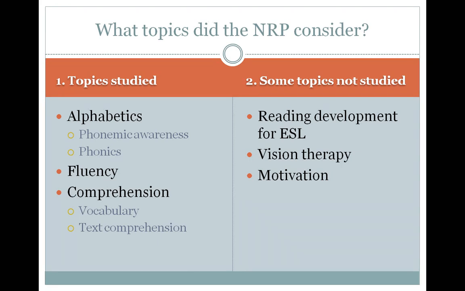Fluency was a 3rd, vocabulary 4th, and text comprehension 5th. These have become, as I said, the 5 pillars of reading development. And as you might imagine, most of the controversy related to this report is going to focus around phonics, as you'll see later.